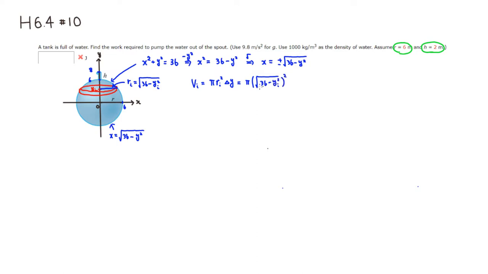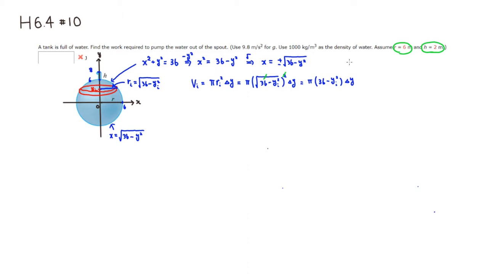Then you have it squared, because you have r squared, and delta y. Luckily, we can cancel those to get pi times 36 minus yi squared delta y. That will be the volume of that approximating cylinder.